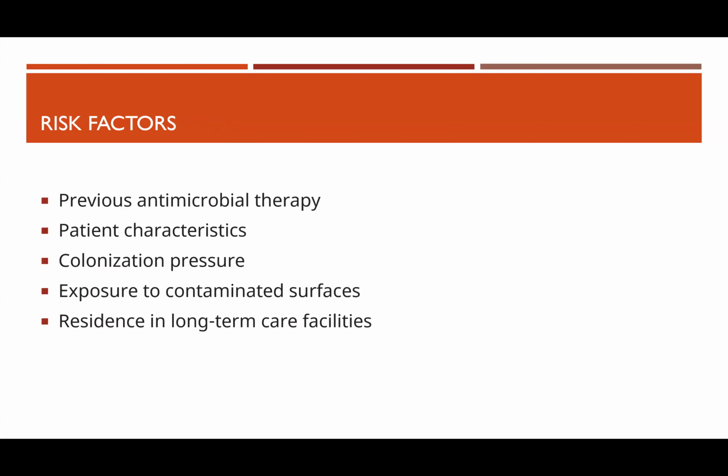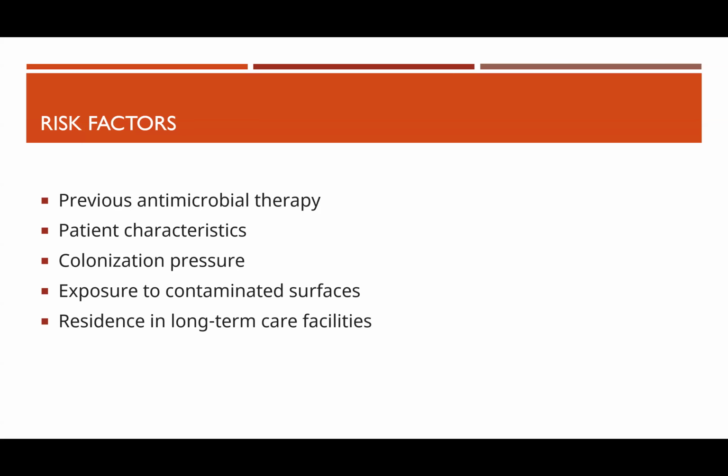The most commonly observed risk factor for hospital acquisition of VRE is usually previous treatment with antimicrobials, particularly with vancomycin and cephalosporins. And the use of multiple agents with a broad spectrum of activity may predispose patients to colonization with drug-resistant enterococci. And this is probably via alteration of the patient's normal bowel flora.